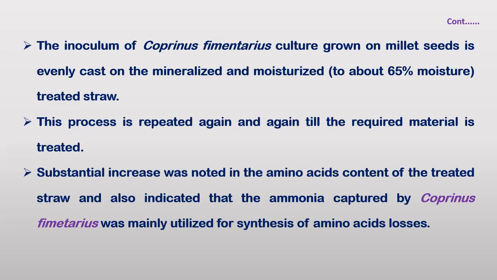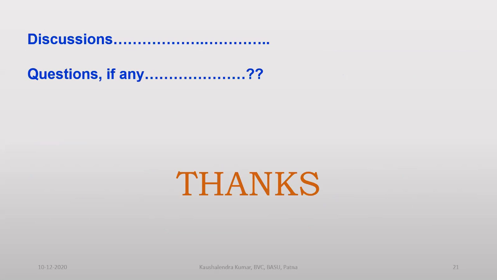This also indicates that the ammonia captured by the Coprinus fimetarius was mainly utilized for the synthesis of amino acids. In that way we can apply biological methods for treatment of inferior quality or poor quality roughages and improve their digestibility. So this is all about the different processing methods.